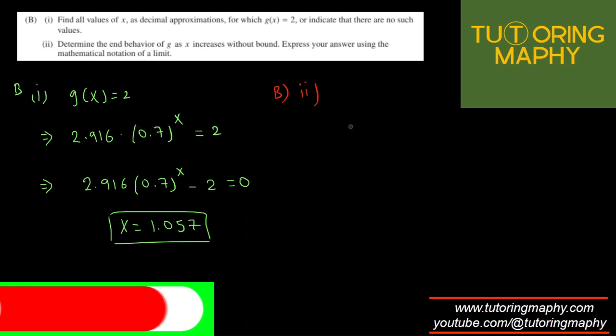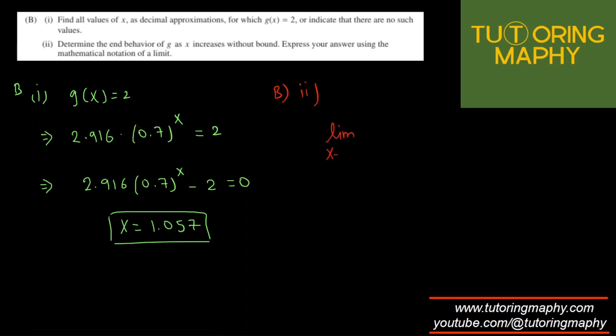Whenever we take the limit as x goes to infinity of a number between -1 and 1 raised to x, it approaches 0. Otherwise, if it is greater than 1 or less than -1, it is going to be undefined. So for this, the answer is going to be 0, because 0.7 raised to infinity is 0.